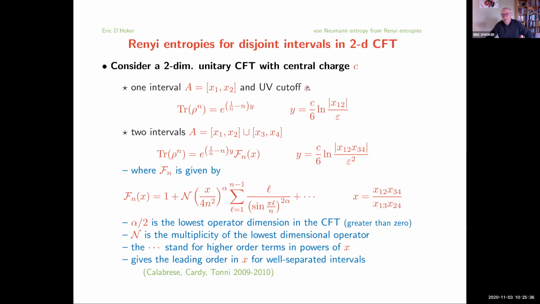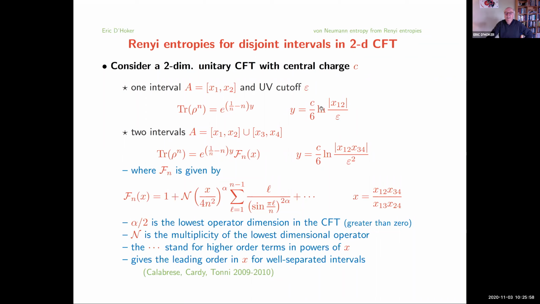You need an ultraviolet cutoff. The reason you need a cutoff is because your separation of the interval A and its complement is done by a sharp cutoff in space, and that introduces a UV divergence, which you have to cut off.